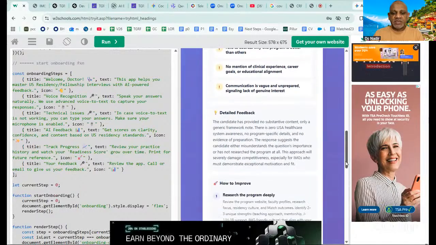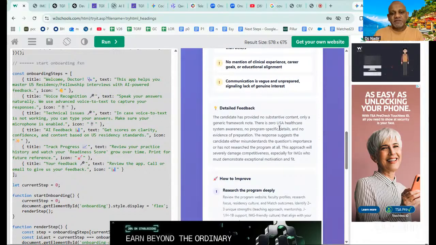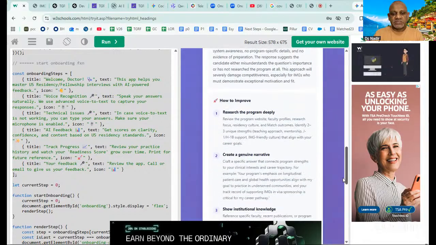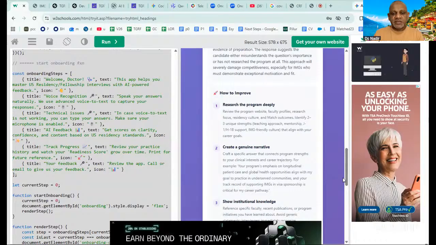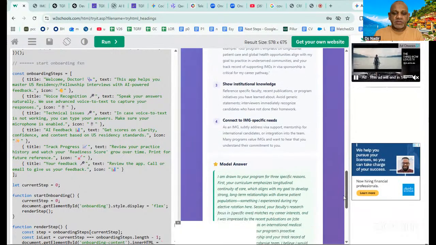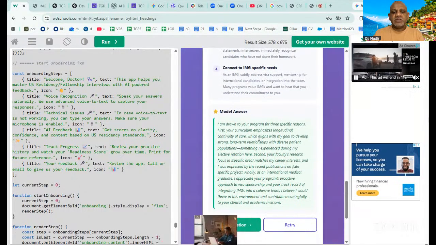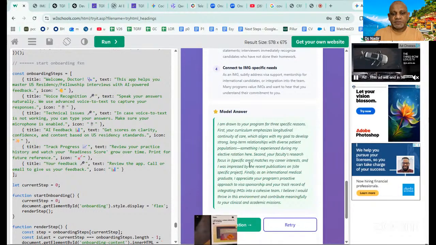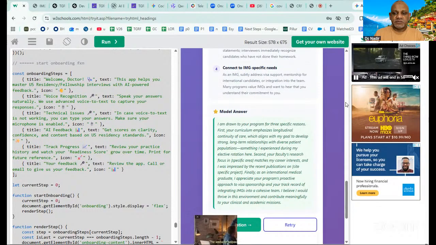And then it will give you some detailed feedback along with areas for improvement where you want to shine or you want to add more specific things to your answer. And here the model answer, how it's supposed to be, and you can modify this as you go along.